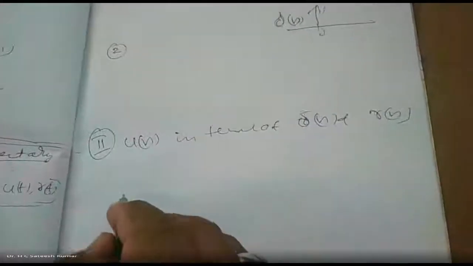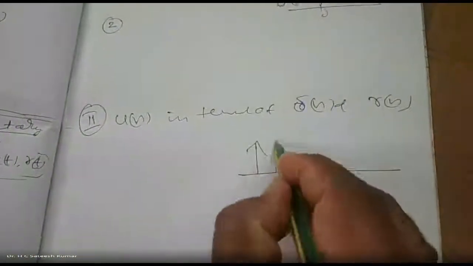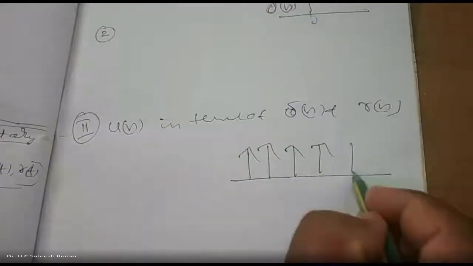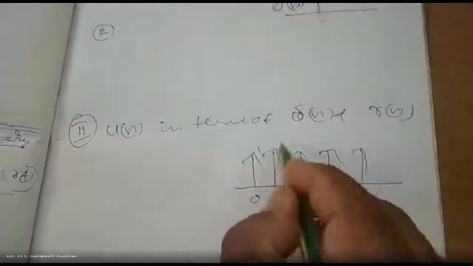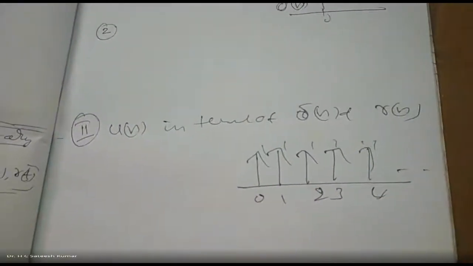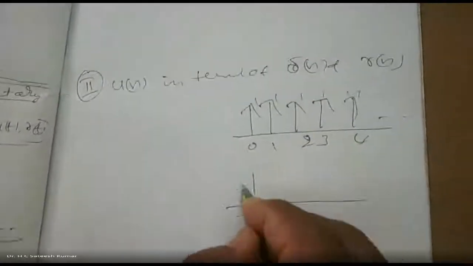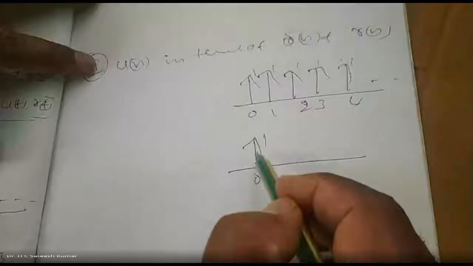Okay, right. So what is that? You can write it. U of n is nothing but equal to what? U of n is this one, right? 0, 1, 2, 3, 4, and so on up to infinity. Delta of n is only this much, at 0. Now what should you do? Add all the values. See, the first one is this element.